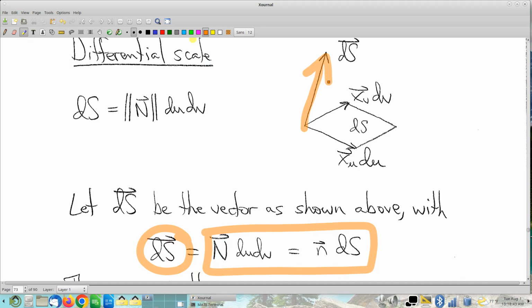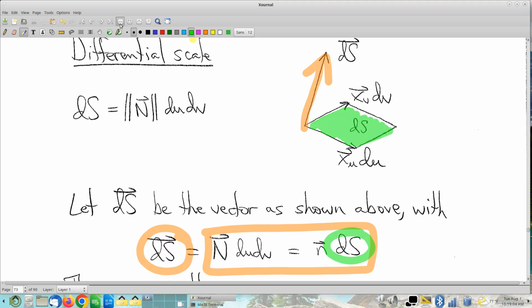Let's see here. Its magnitude. What's the magnitude of the ds vector? Well, if you look from this point of view over here on the right, I see a unit vector being multiplied by ds scalar.